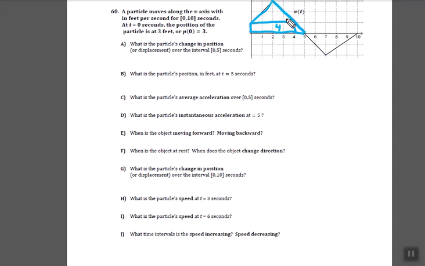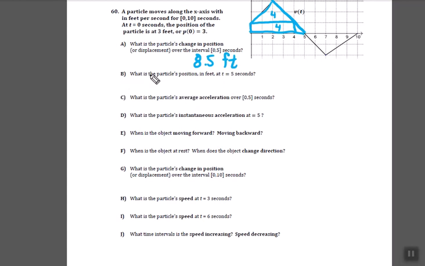And this is a triangle, so you've got 1, 2, 3, 4 by 2. 4 by 2 is 8. So again, this is 4, and that right there is a half. That's a 1 by 1. Half of that is 1/2. So altogether, this would be 8.5 feet. So the particle moved 8.5 feet forward for the first 5 seconds.